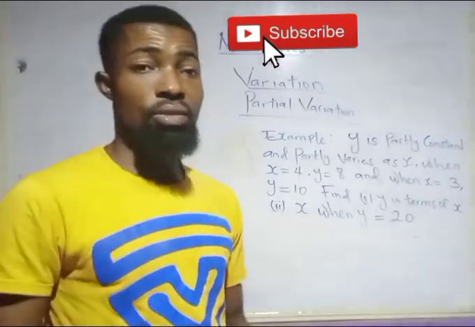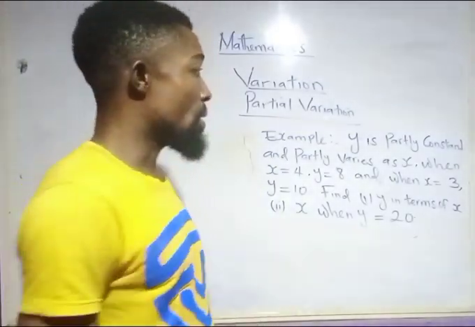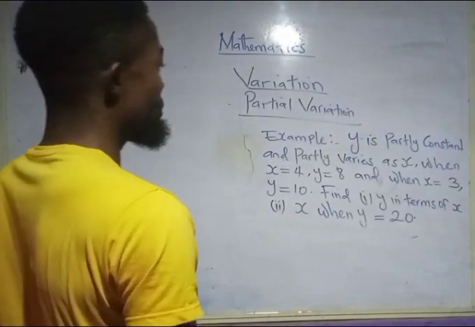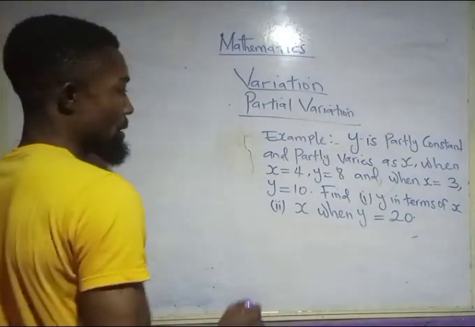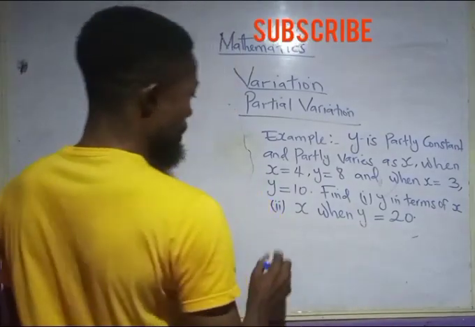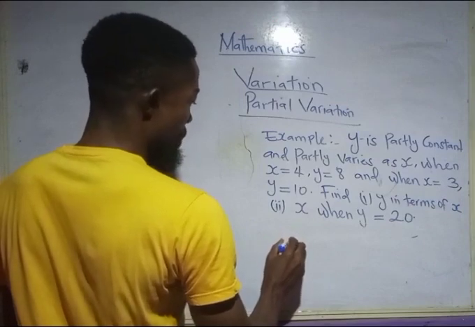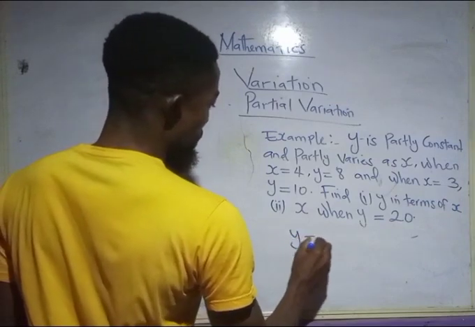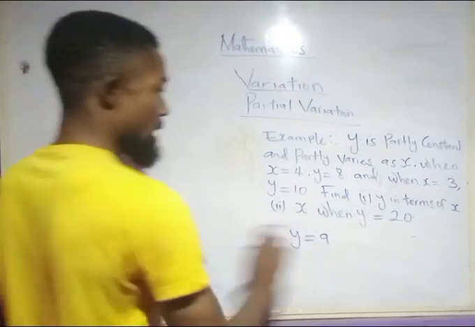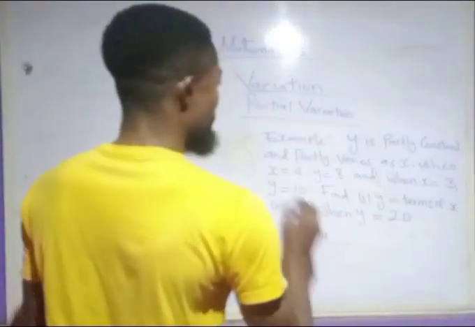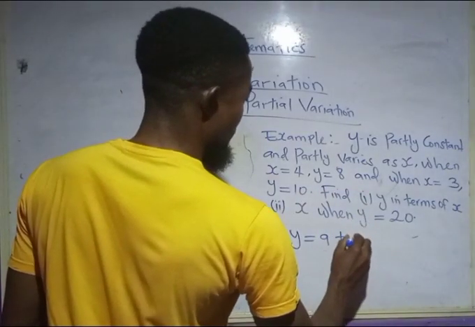From the question, you agree with me that when x is increasing, y is also increasing. But here, the relationship is in such a way that we're going to have more than one constant. So y is partly constant. Y is equal to a, where a is a constant number, and partly varies as x.